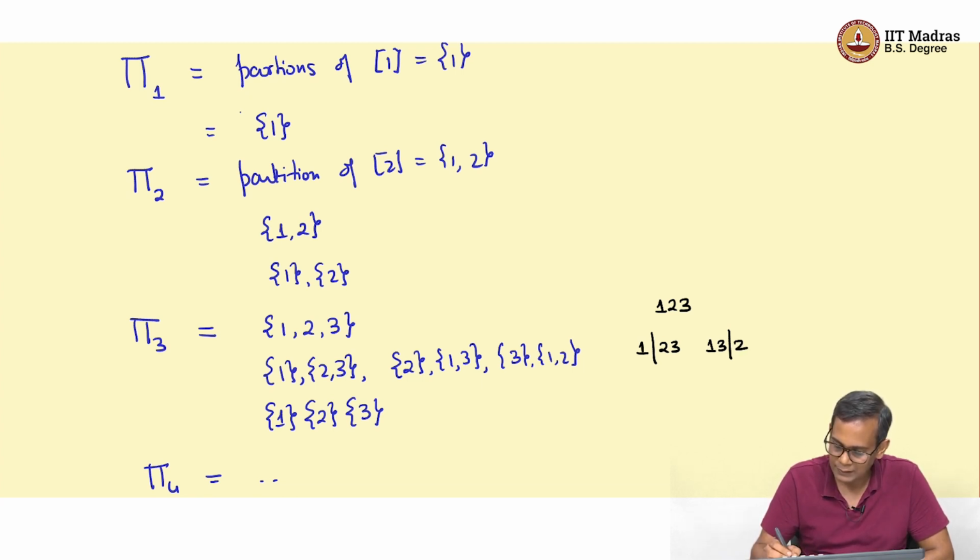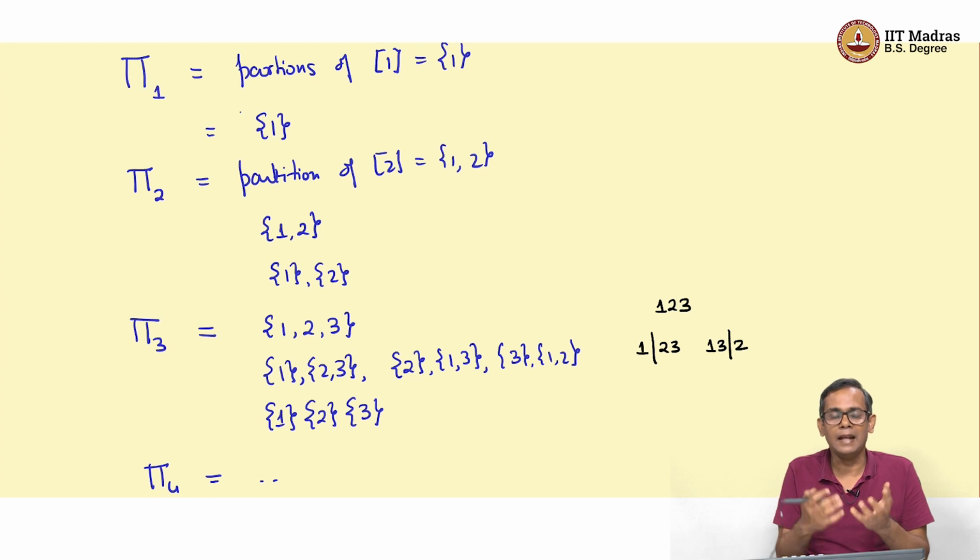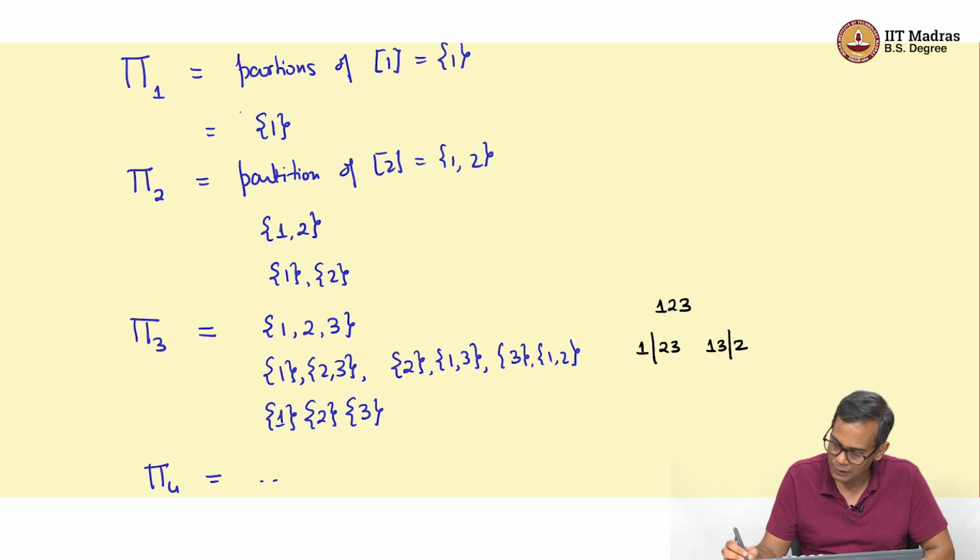Whether you write the subset {1,3} first or the subset {2} first does not really matter, because we are just looking at this collection of subsets. We are not thinking of it as an ordered collection. So, it is customary to arrange the blocks in increasing order of their least elements. And finally, we have 12|3. Again, I have brought the block which contains 1 to the left. And finally, we have 1|2|3.